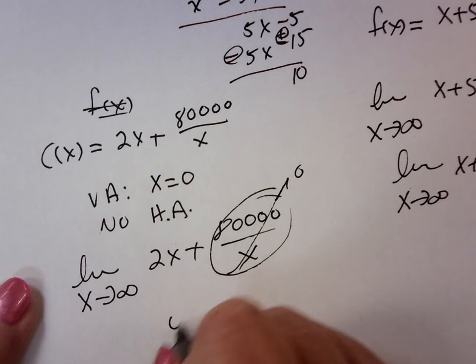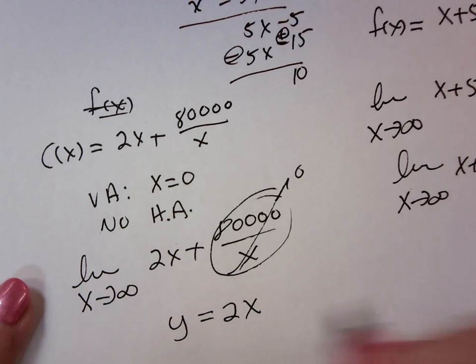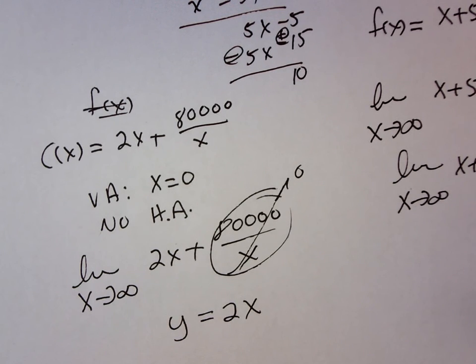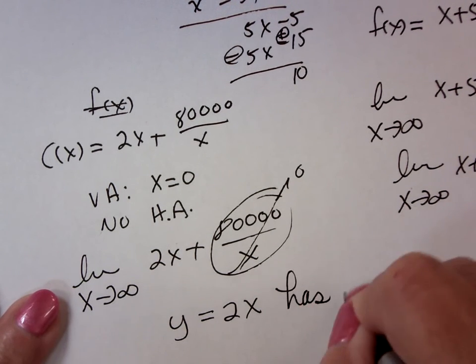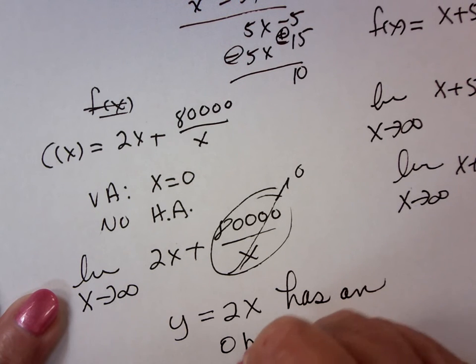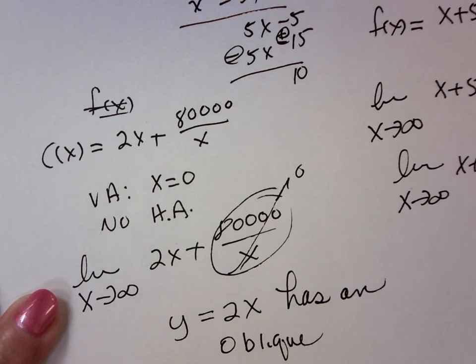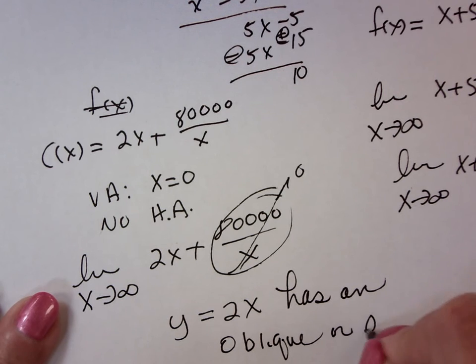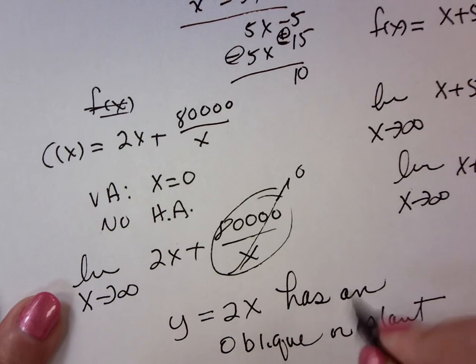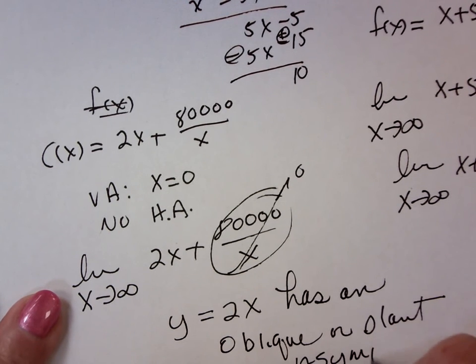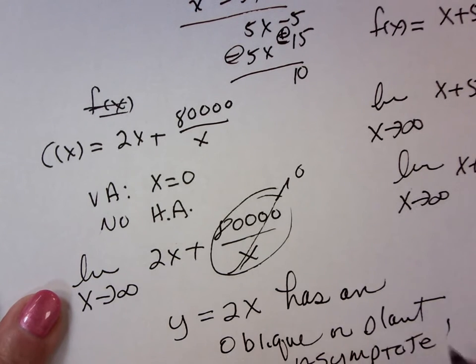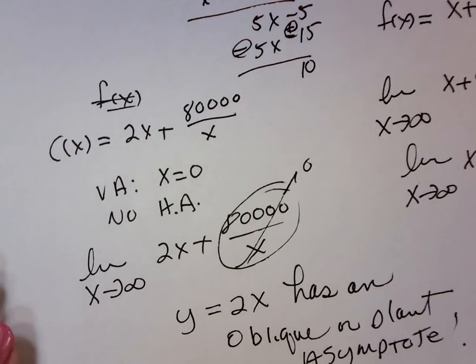So they're saying, what is the relationship now between that and 2x? It has an oblique asymptote. It has an oblique or slant asymptote.